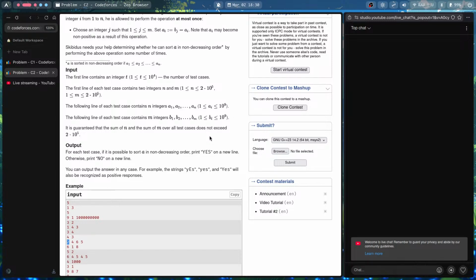So if we sort the array B, we can find the lower bound. Okay, got it.